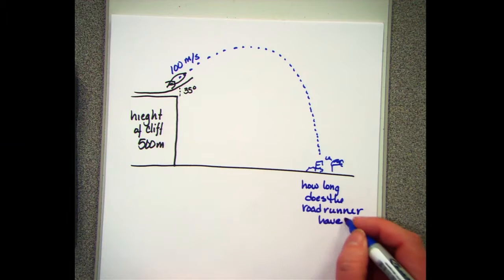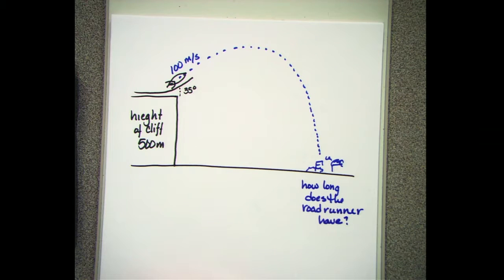The reason we want to know that is because we want to put enough birdseed out there so that the Roadrunner is going to stay in the one spot for that length of time. We're going to disregard a whole bunch of other stuff, like did he set the target right? We're going to come back to that. Right now we're going to look at how long the Roadrunner has.